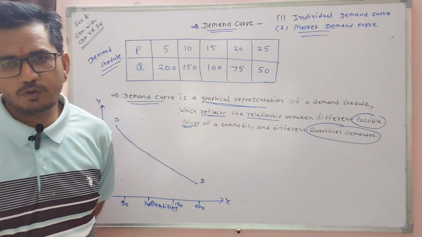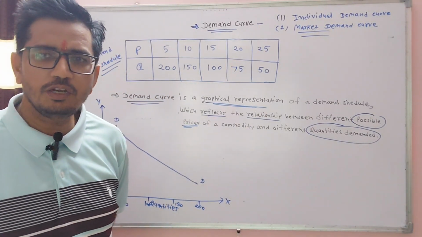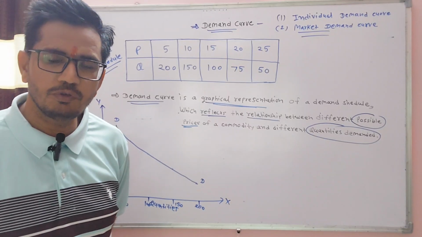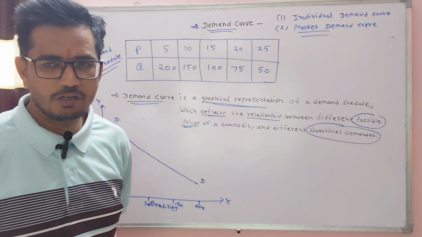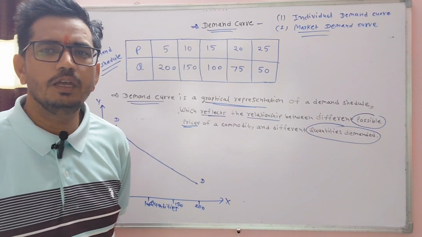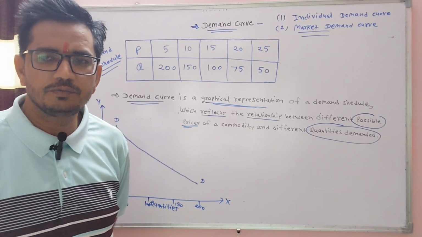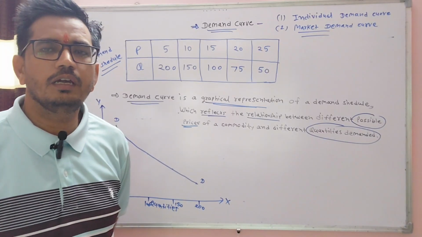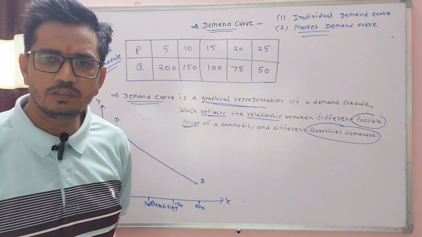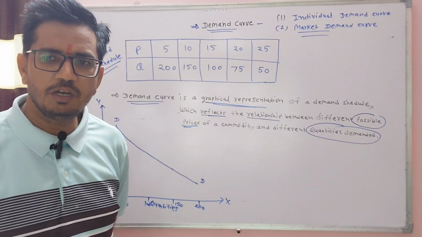So let's go to the individual demand curve. What is the individual demand curve? You know about the demand curve, but what is the individual demand curve? We also discussed the demand schedule and the individual demand schedule.